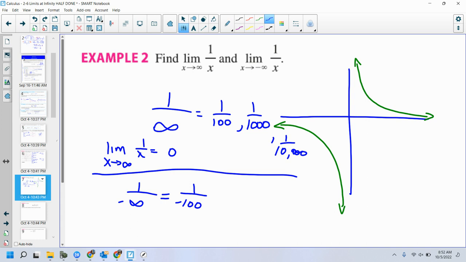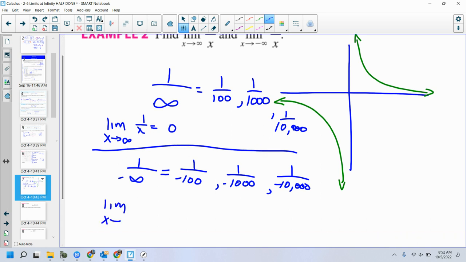Okay, that's just a negative really small number. What about negative 1,000? What about 1 over negative 10,000? Is it still going to 0? Yeah, it's just going to 0 from the underside, from underneath. It's still going to 0, though.